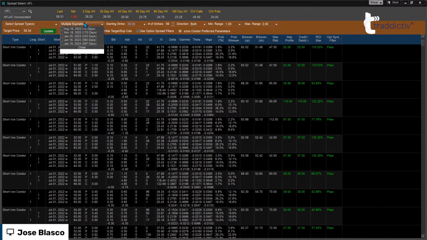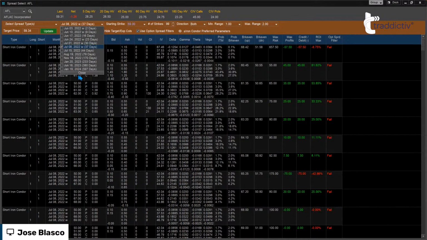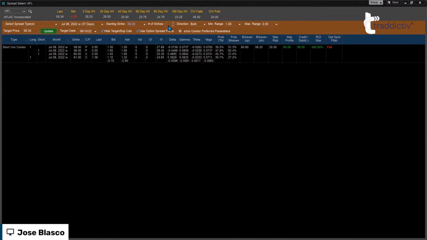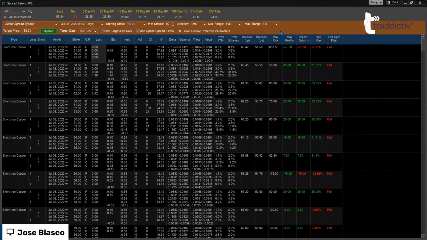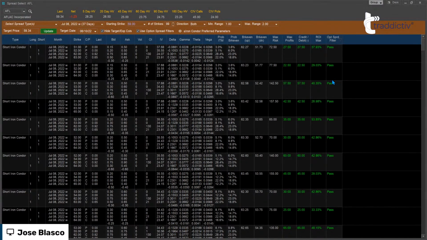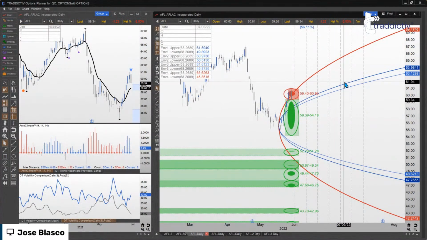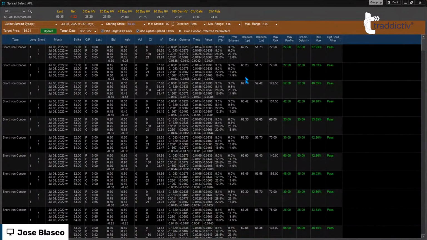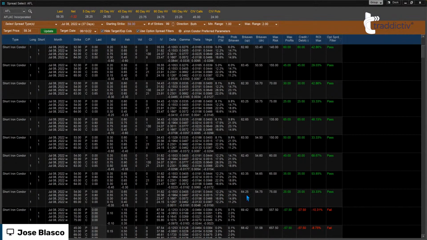So basically we're left with the last one, which is July 8. And let's see what July 8 requires from us. So the range would be 66 to 45. So 66. No, we don't have it.